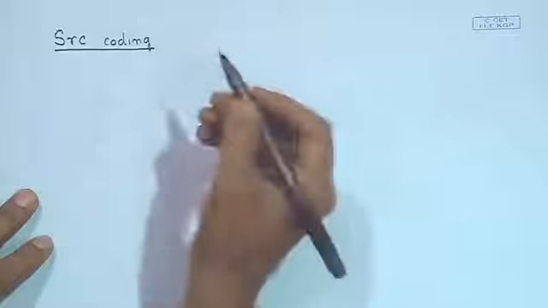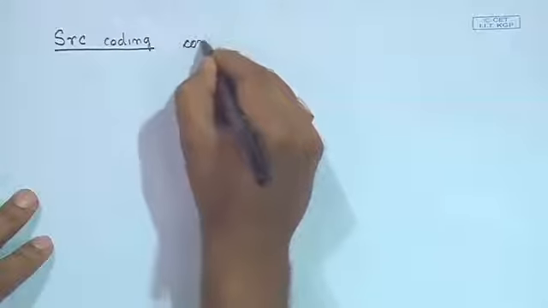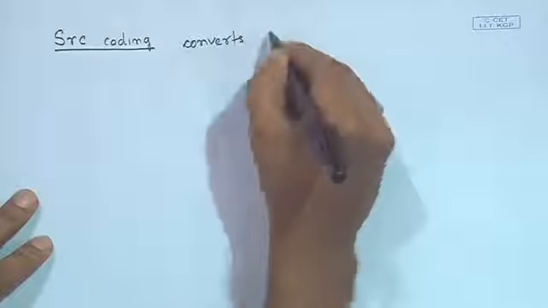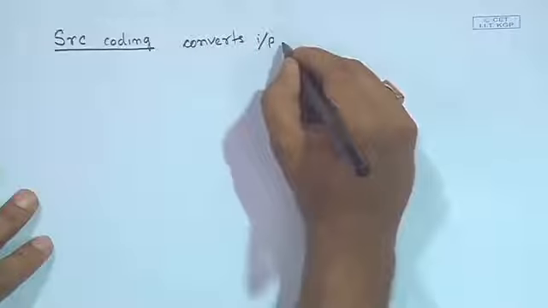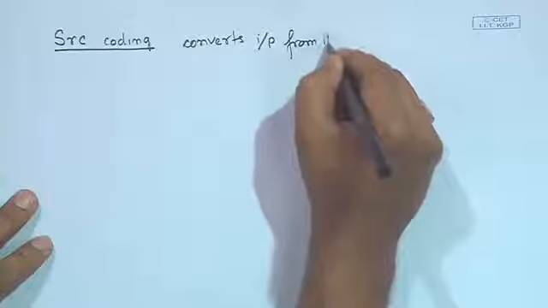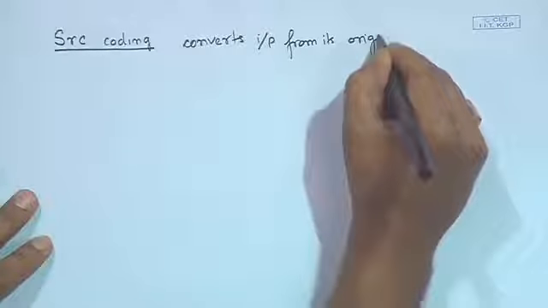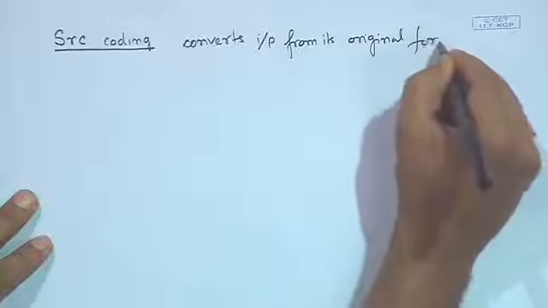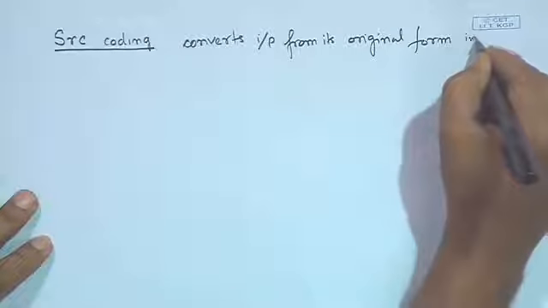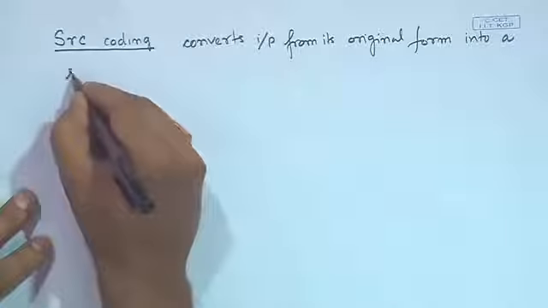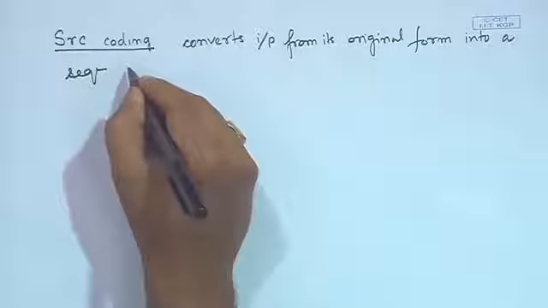We now proceed further and look at the different components. The first thing which comes out of the source and goes into the first block of a communication system is the source encoder. So, when we talk about source coding, it basically converts the input from its original form into a sequence of bits.